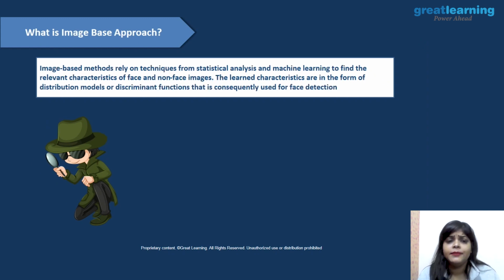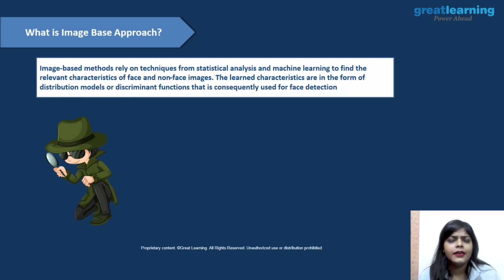Now, if we talk about the image-based approach, image-based methods rely on techniques from statistical analysis and machine learning to find the relevant characteristics of face and non-face images. The learned characteristics are in the form of distribution models or discriminant functions that are then used for face detection.